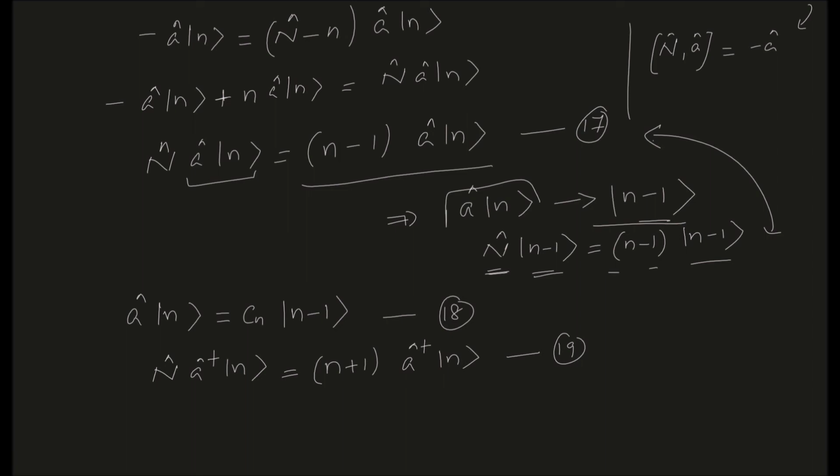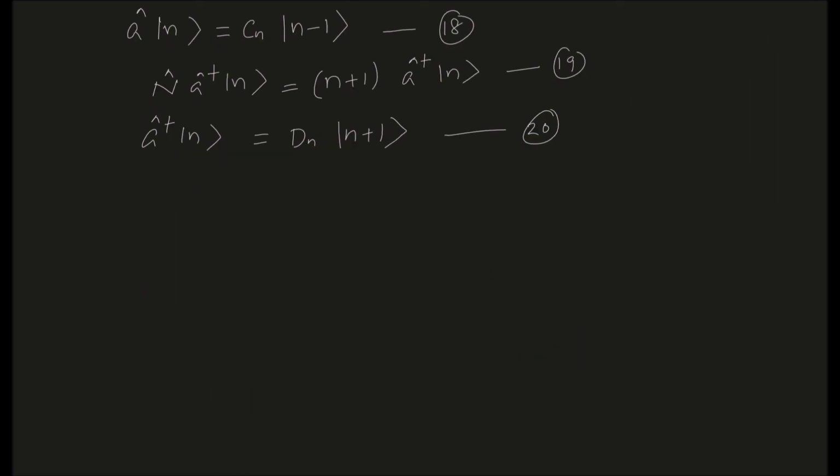Now with a similar argument to the one we put for equation 17, you can prove that the effect of a dagger acting on |n> creates a new state, because you are getting the eigenvalue n plus 1. So what you have here is a new state |n plus 1> with some eigenvalues. These are connected by some constant, let's say this time d_n. So this is our equation number 20.